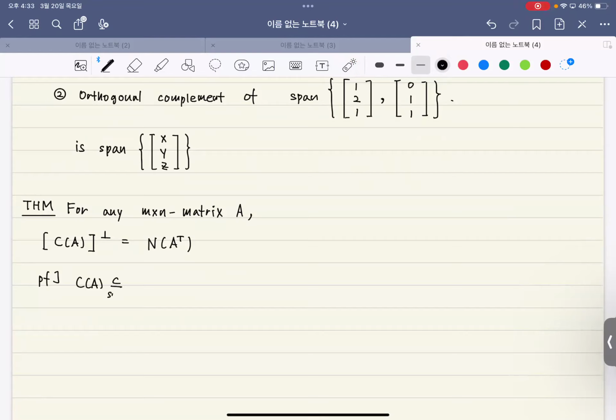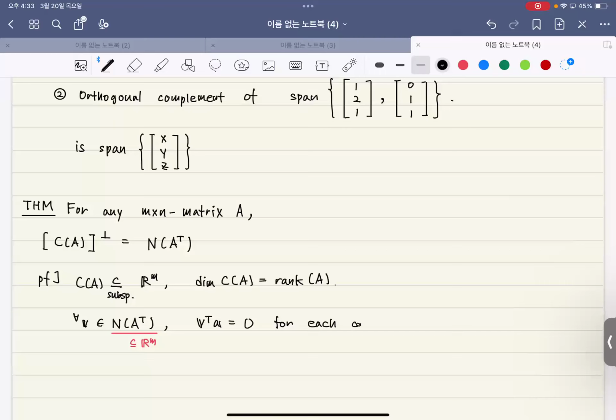The column space is a subspace of Rm, and its dimension is the rank of A. Then for any vector V in its left null space, which is again a subspace of Rm, the inner product of V and every column of A must be 0, because that was the left null space.